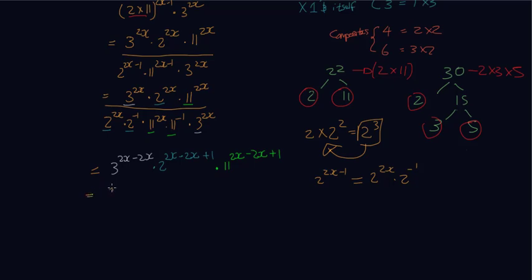So this is 3 to the 2x minus 2x, which is 0, times 2 to the 2x minus 2x, which is 0, plus 1, so 2 to the 1, times 11 to the 2x minus 2x, which is 0, plus 1, so 11 to the power 1. Any number to the power of 0 is 1, so it's 1 times 2 times 11, which equals 22.